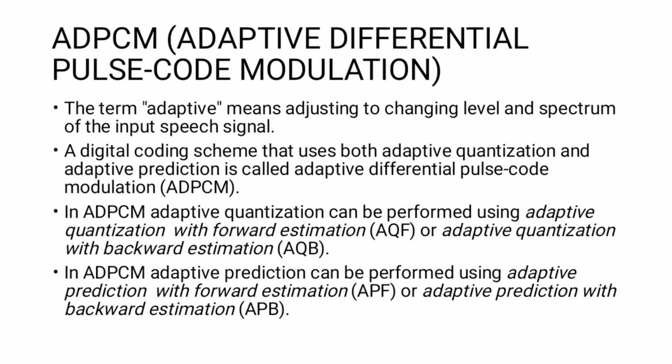So you must clearly state the difference. Differential pulse code modulation can be designed using adaptive quantization and adaptive prediction. Based on that, we have two classifications: forward estimation and backward estimation. So that is the difference.